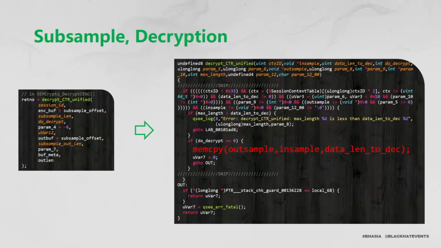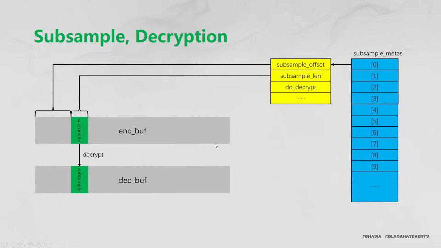So how are they processed? They'll get decrypted by this function, and in this function, if do_decrypt is equal to 0, the decryption will be demoted to a non-copy. Like this, the decrypt process.